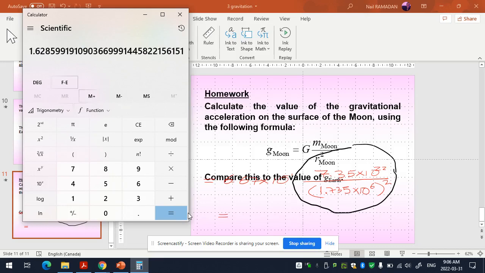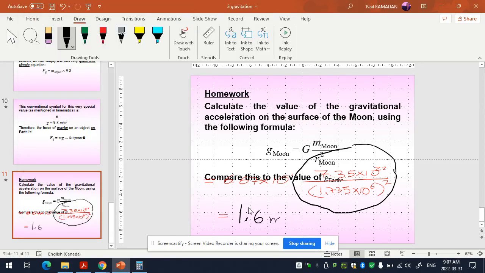Does it fall as quickly or much slower? It's only being pulled down at an acceleration of 1.6 meters per second squared. What does the question say at the end, everyone? What do they always mean when they say compare? So this is 1.6 meters per second squared.